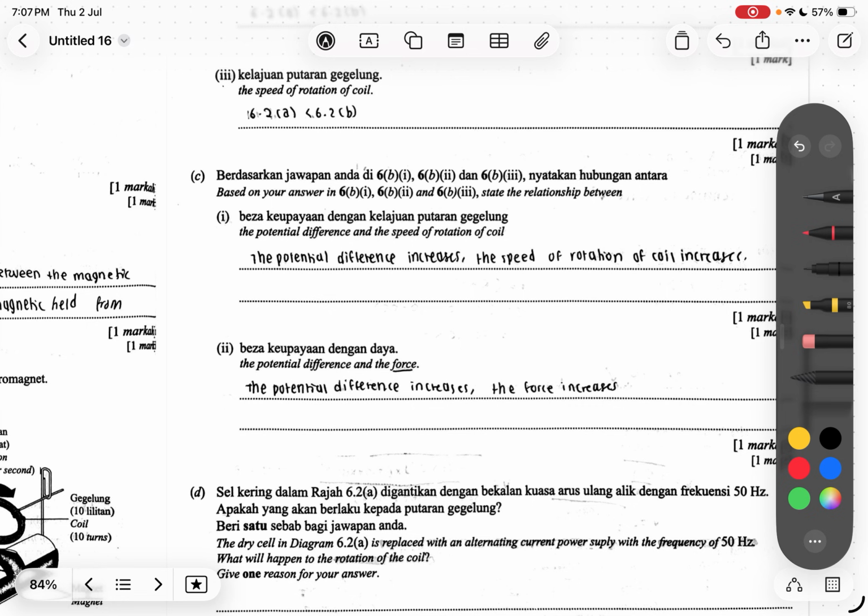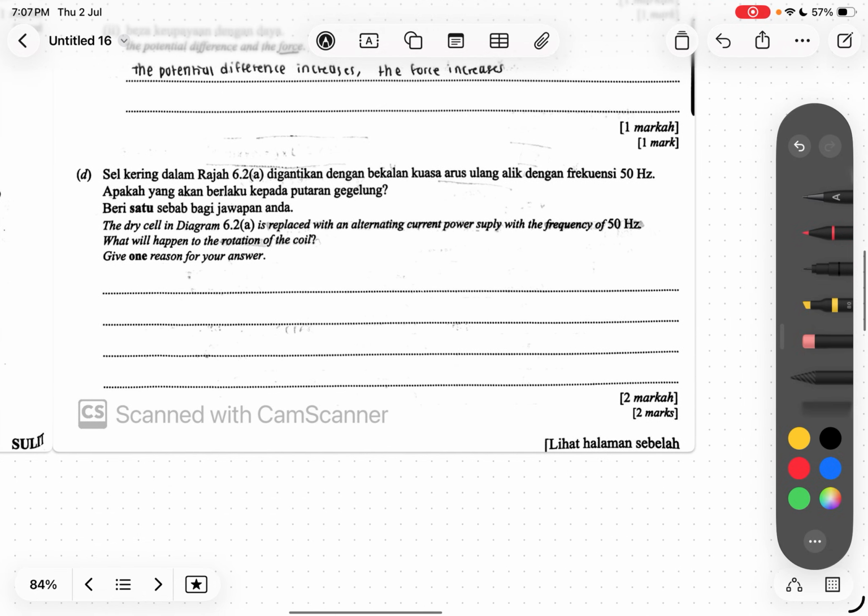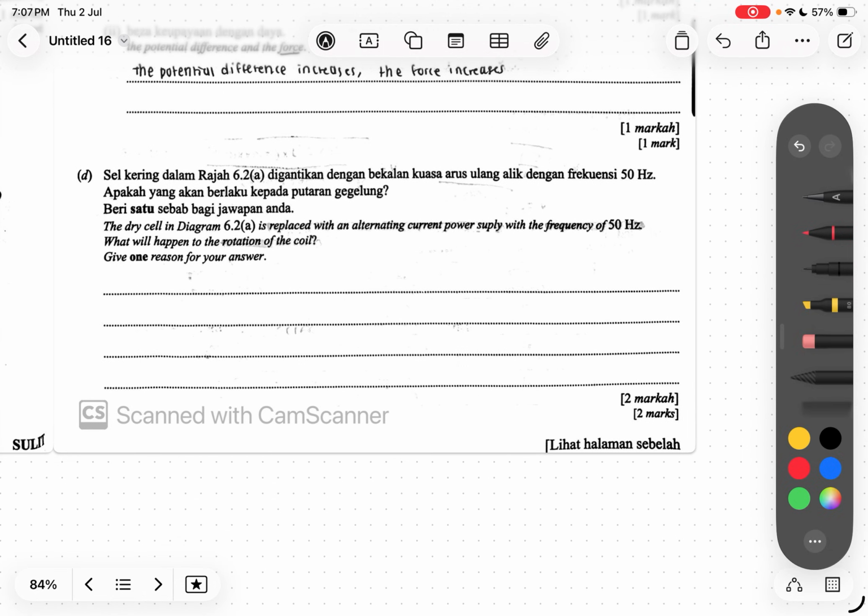Imagine that work done as force. The work done to move one coulomb of charge from one point to another. It wants to push the current to go from one point to another, and it needs force. So when potential difference increases, force increases.